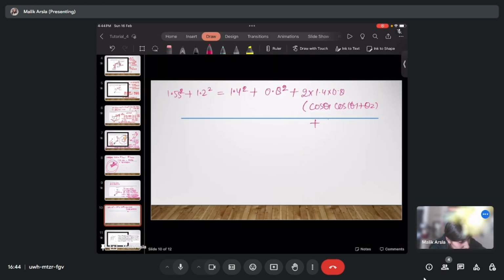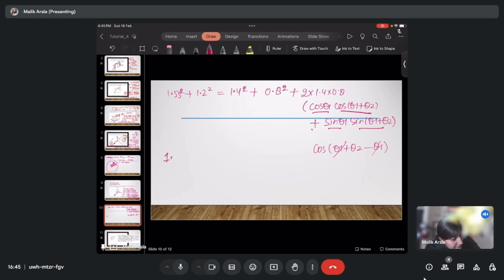Now you know this identity, cos A cos B plus sine A sine B. It is equal to what? Cos of A minus B. So I can write it as cos of theta 1 plus theta 2 minus theta 1, so I will clearly get it in terms of theta 2.